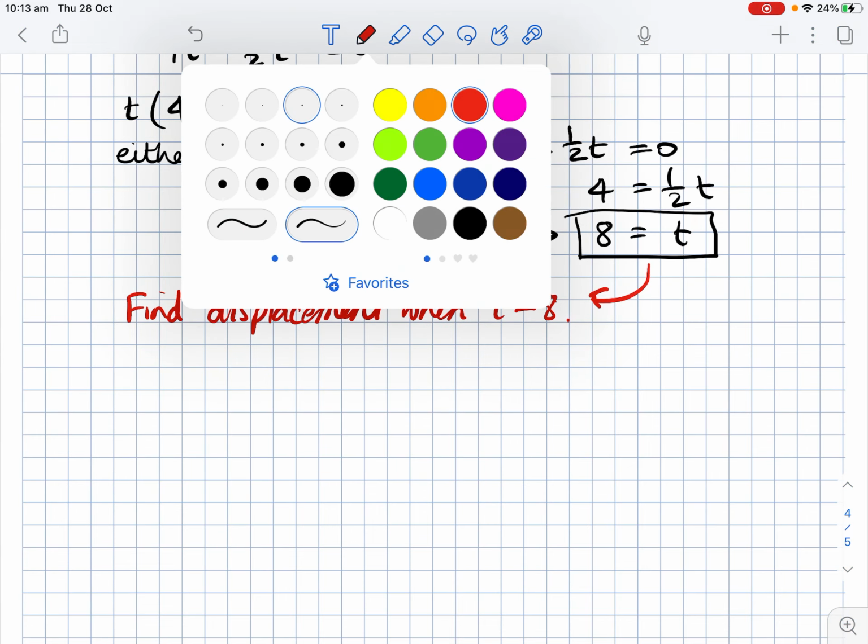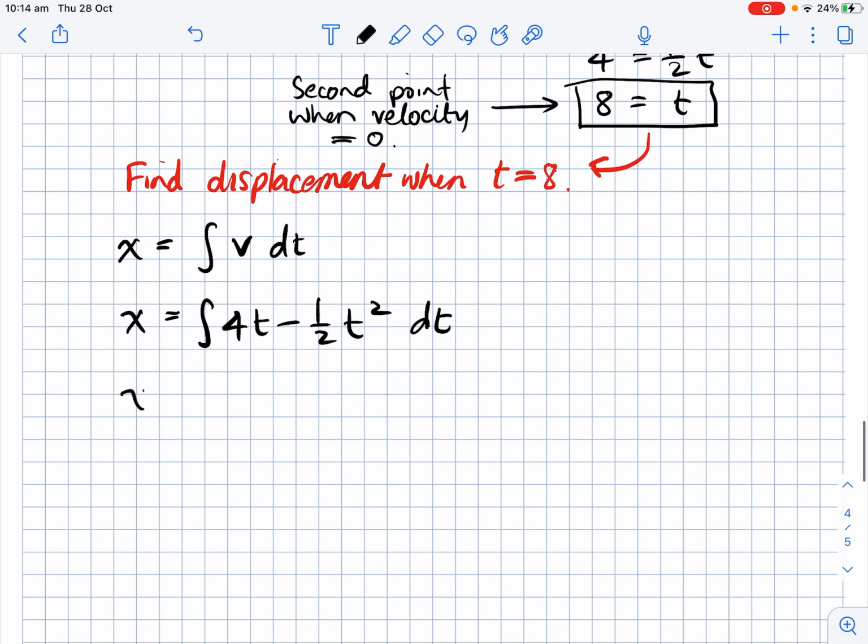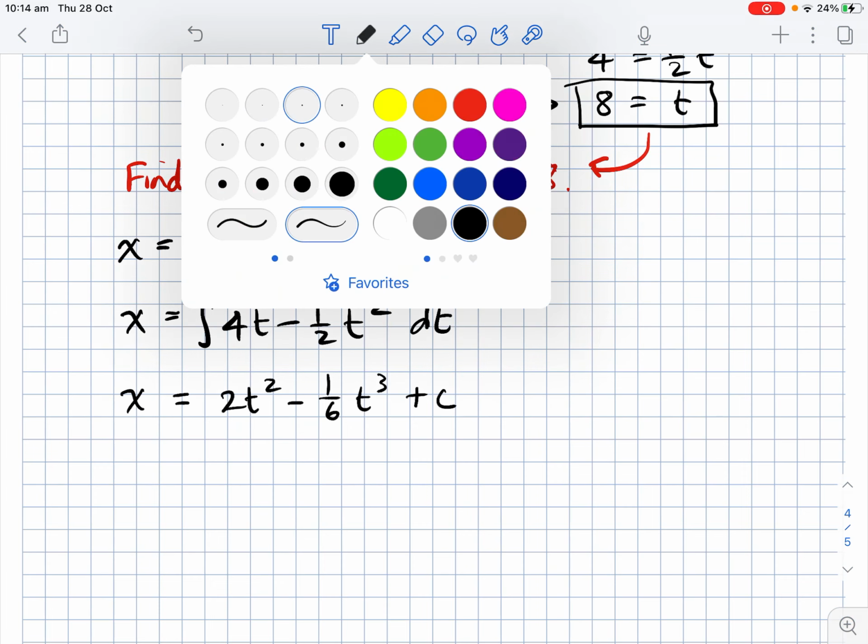Okay, so how do I find displacement? I'm going to use x for displacement, and it's equal to the integral of velocity with respect to time. And we know that the velocity equation was 4t minus a half t squared, anti-differentiating with respect to time. So displacement is equal to 2t squared minus 1/6 t cubed, and again, plus c.